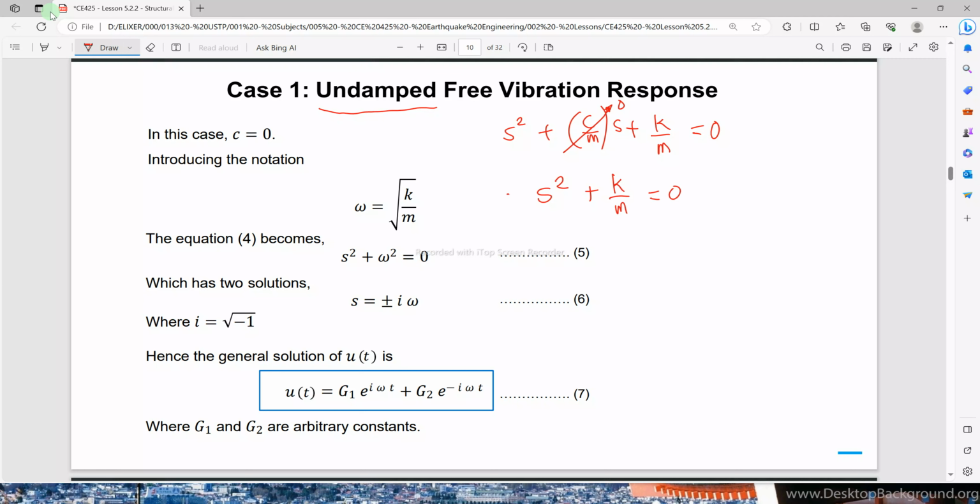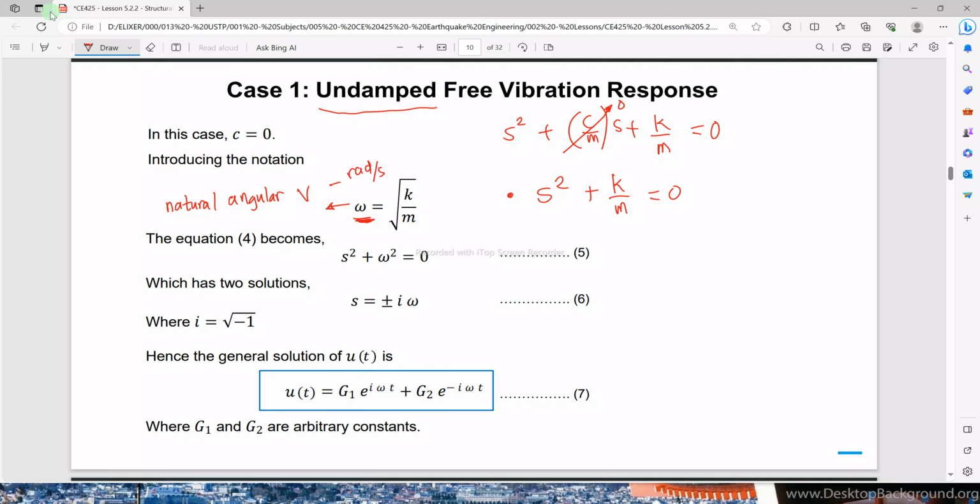So here we now introduce another notation, omega, which is equal to the square root of k over m. So omega is the natural angular velocity of our structure in radians per second.